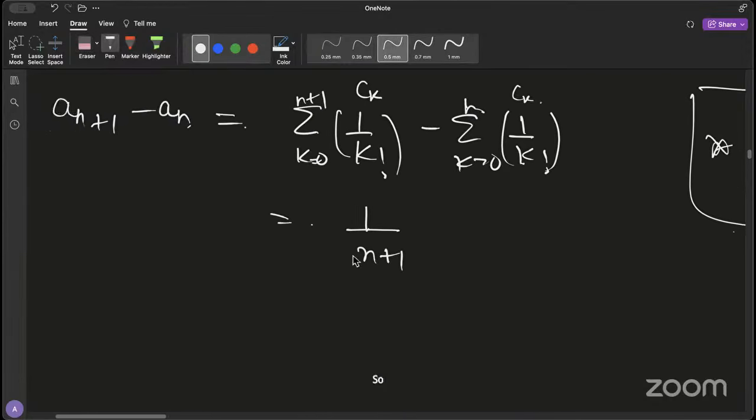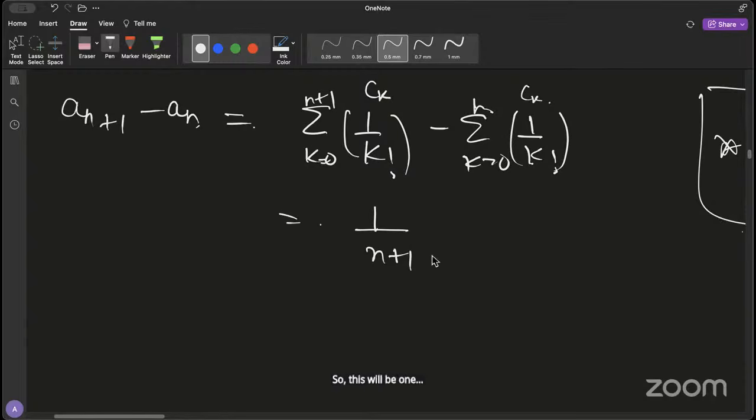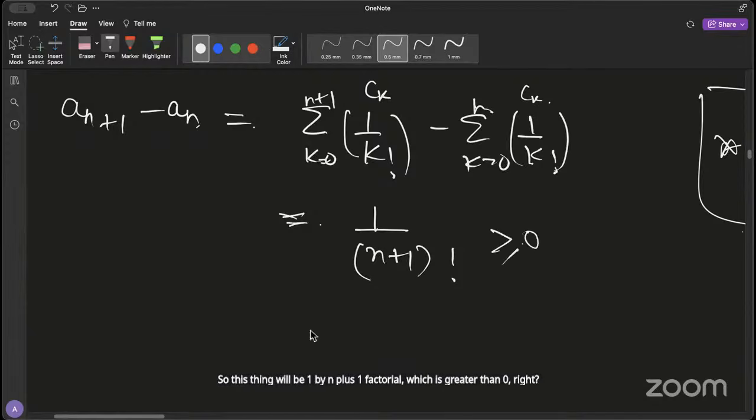So this will be 1 by n plus 1 factorial, which is greater than 0, right? This is a positive number. Any 1 divided by a factorial, say 10 factorial, is always positive. So that means this is greater than or equal to 0.